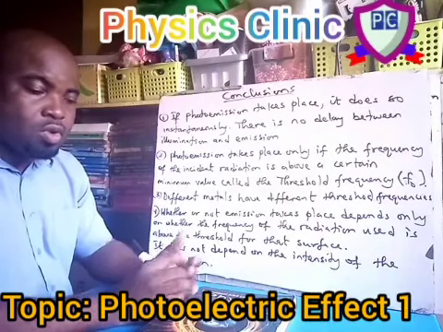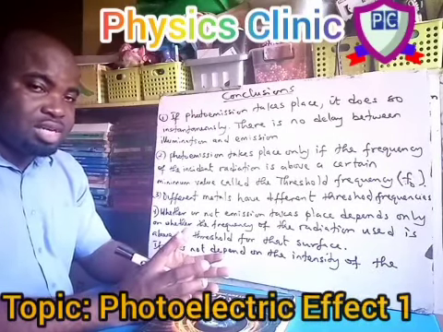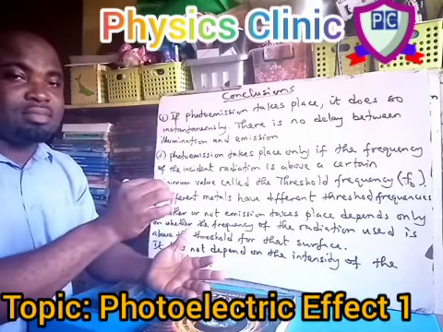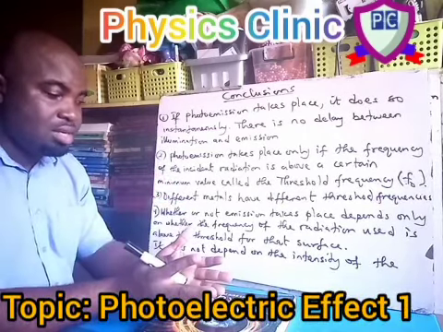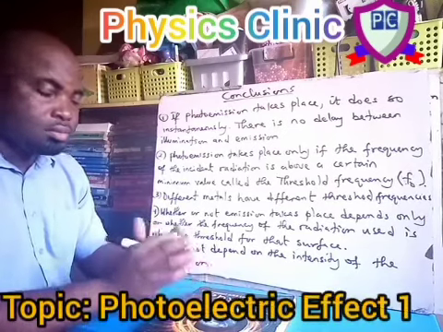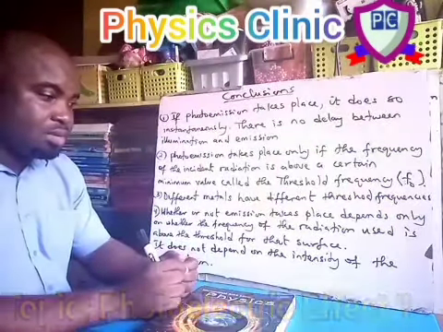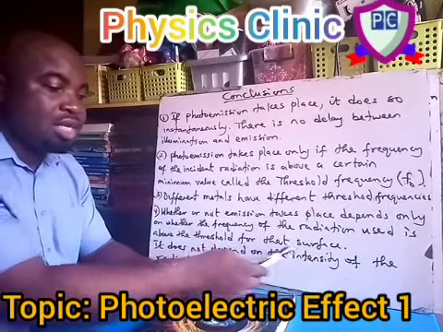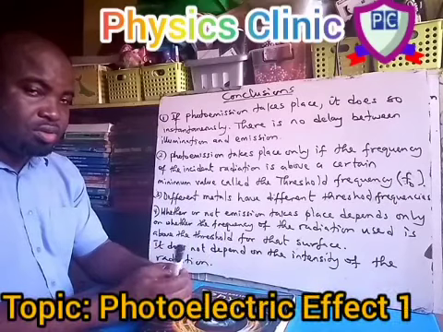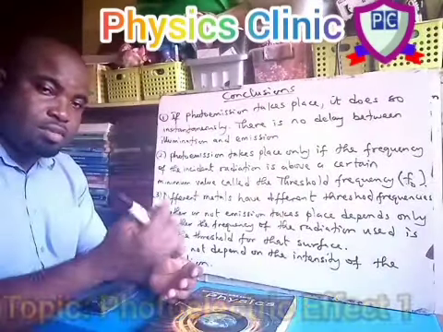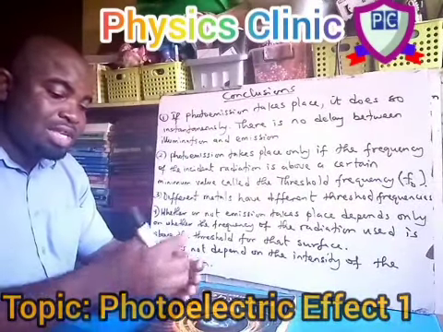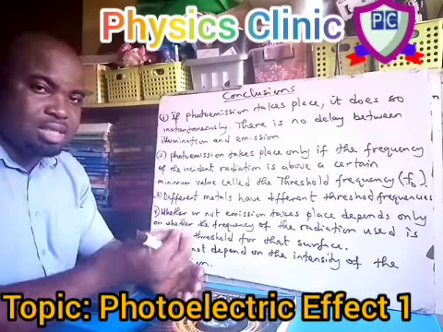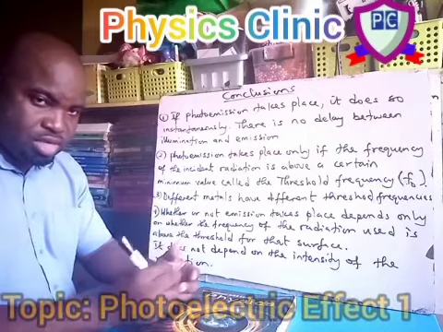But if the frequency is less than the threshold frequency of the metal, no electrons will be ejected from that surface. So the ejection of electrons does not depend on the intensity of the incident radiation. It depends on the frequency of the incident radiation.